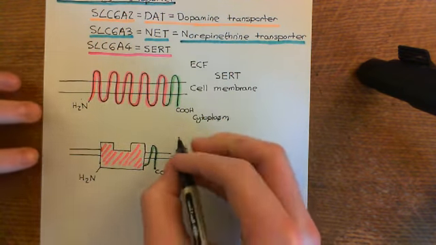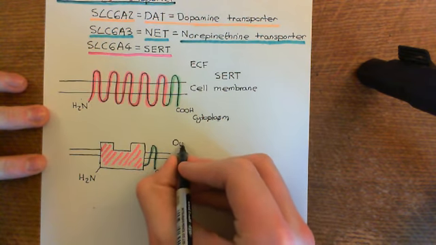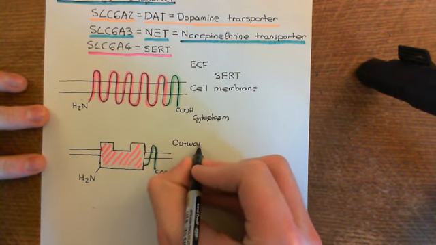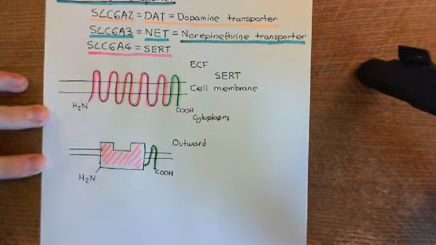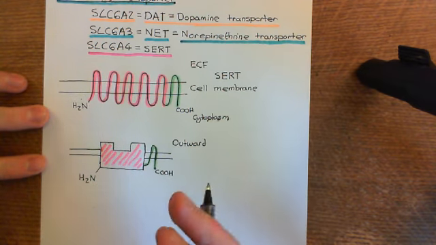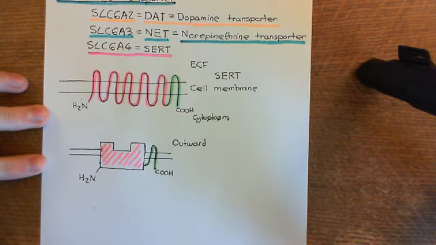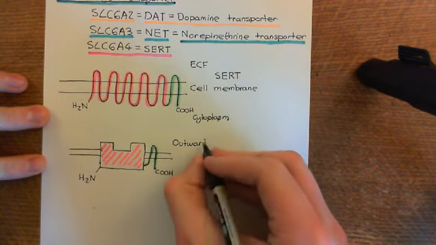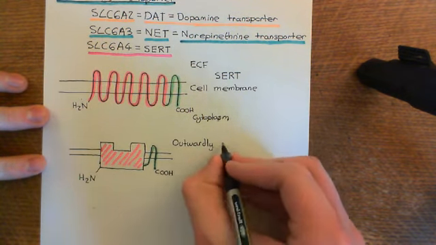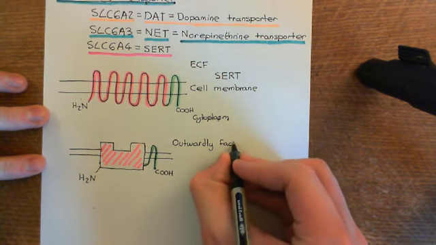Okay, right. Now currently, this transporter, and we're imagining that it's the serotonin reuptake transporter, but you could imagine that this is also the norepinephrine transporter, because that's the one we're about to need when we move on to noradrenergic neurons. Okay, currently, this is in the outwardly facing state.